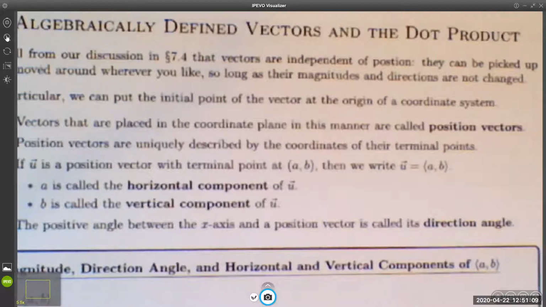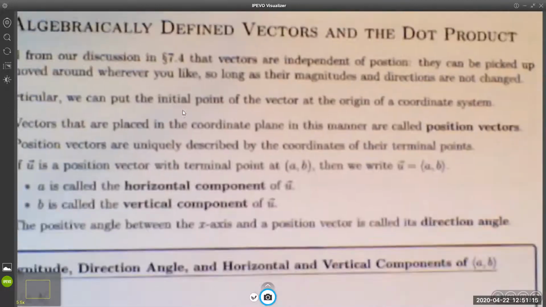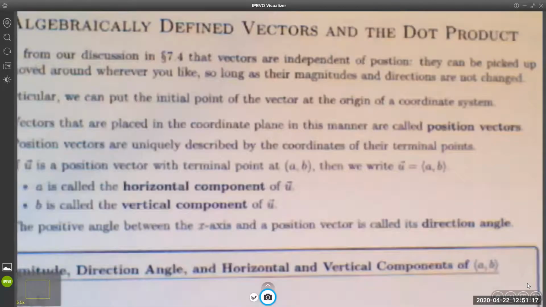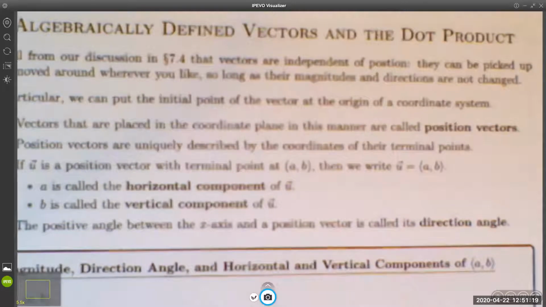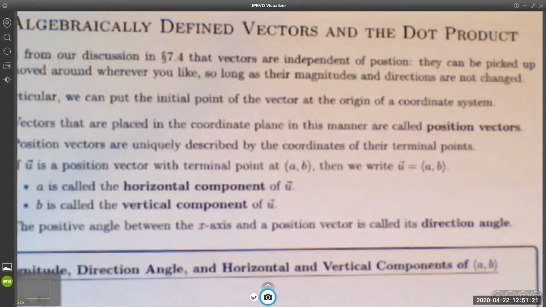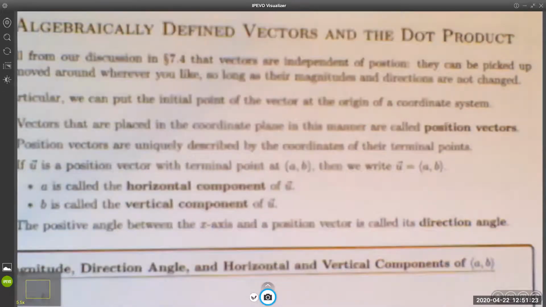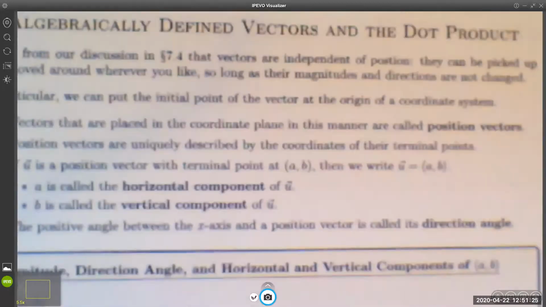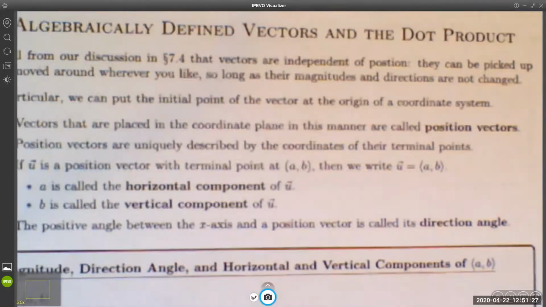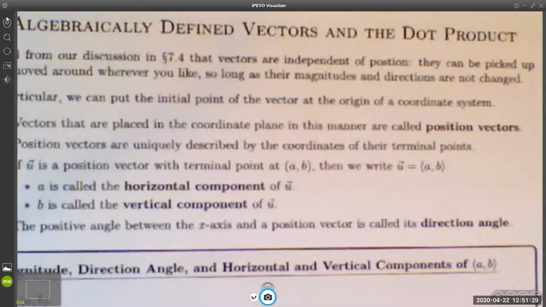It only has an automatic focus feature, and it doesn't focus very well in my opinion. I wonder if I change that setting, if that's any better. No, still not.